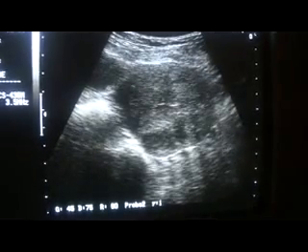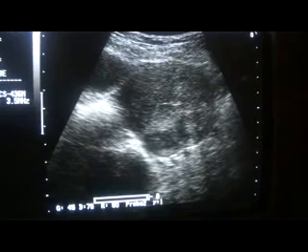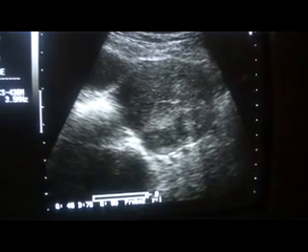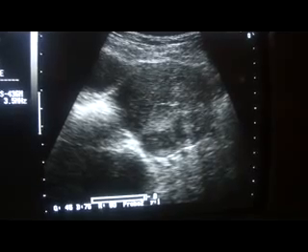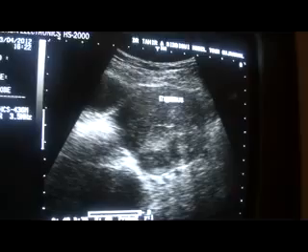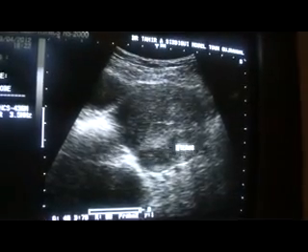So this fibroid is almost in contact with the central endometrial canal, this area. This is the endometrial canal.